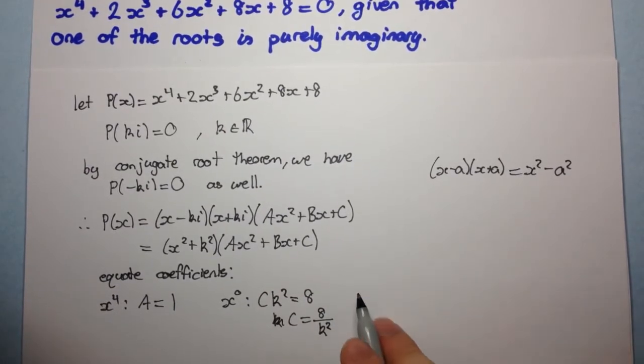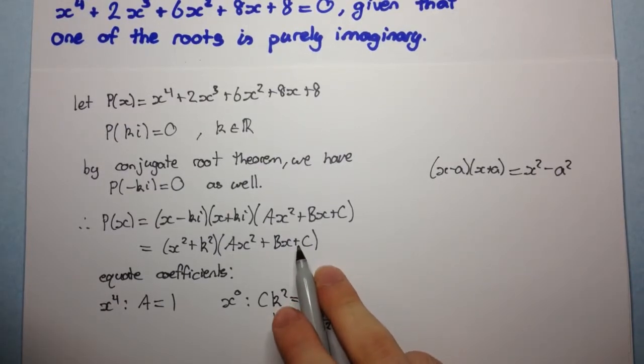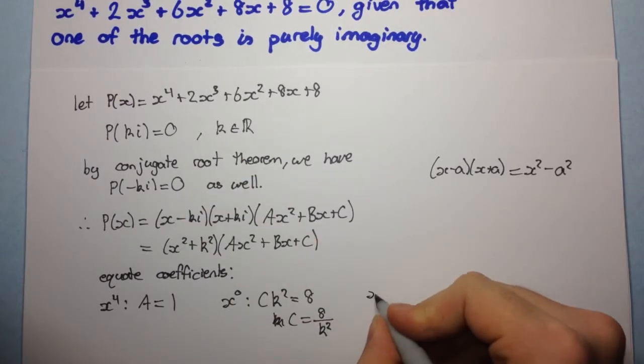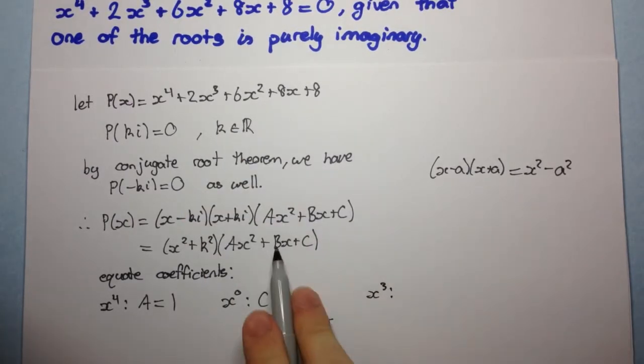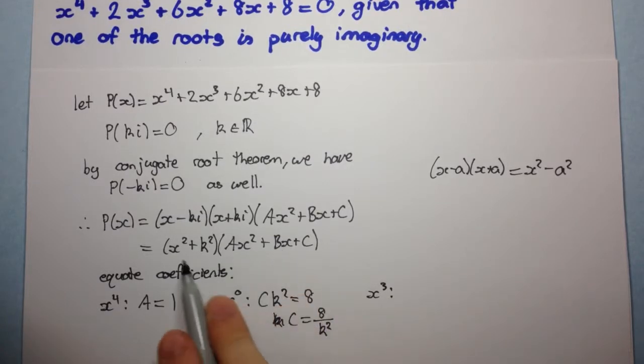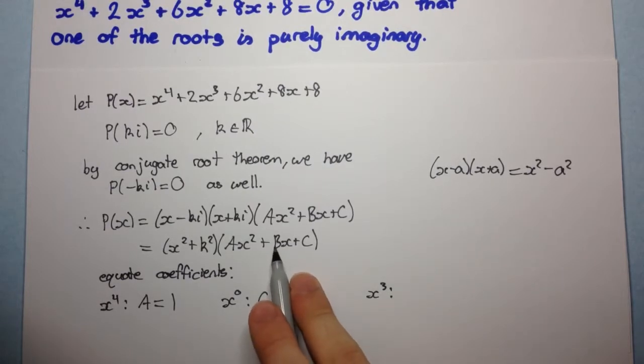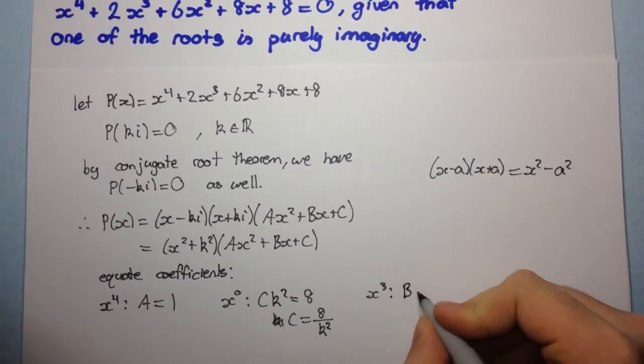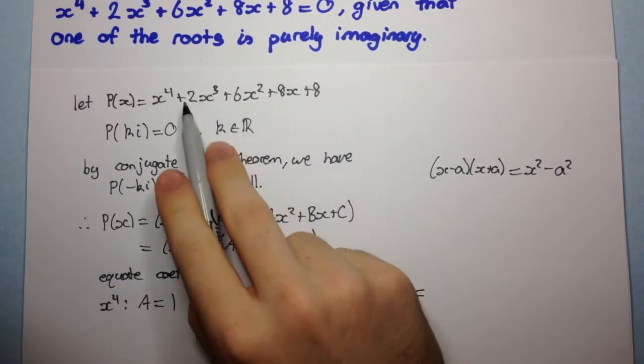Alright, what's another one we can look at? Well, we can consider x cubed, and x cubed, that comes from multiplying bx by x squared, and we won't get any other x cubed terms. So this is the only way we can get x cubed. So bx times x squared, so the coefficient is b, and that has to be equal to 2.